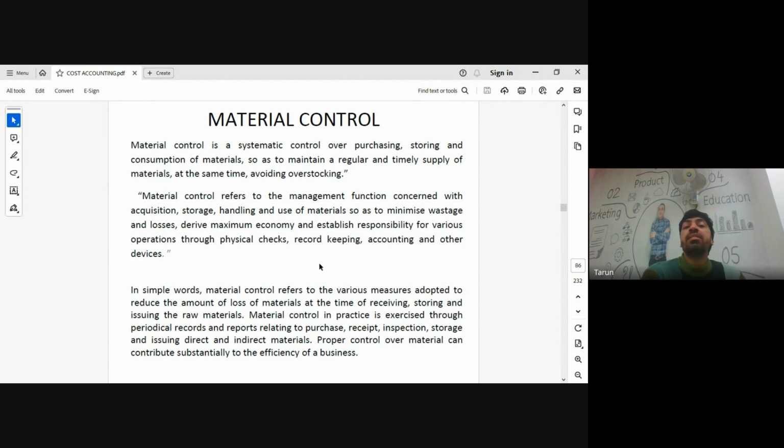Material control refers to a management function concerned with acquiring, storing, handling, or using any type of materials in order to avoid any wastage, losses, or overstocking, to maintain maximum economy, and to establish the responsibilities of individuals for various operations through physical checking of the materials, record keeping, and any type of accounting system applied to control the materials or the overstock, or any losses due to natural calamities or circumstances, or any other electronic devices used to control the materials. That's called material control.